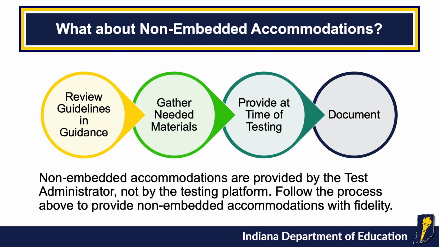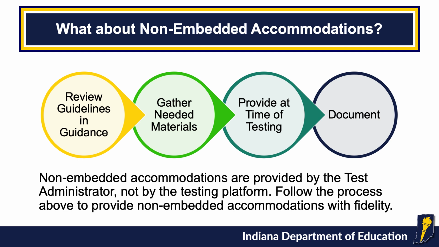Before providing non-embedded accommodations, review all applicable guidelines in the Accessibility and Accommodations Guidance document and in the Test Administrator's Manual. You want to be familiar with what types of supports are allowed and what are not allowed. Then gather needed materials.